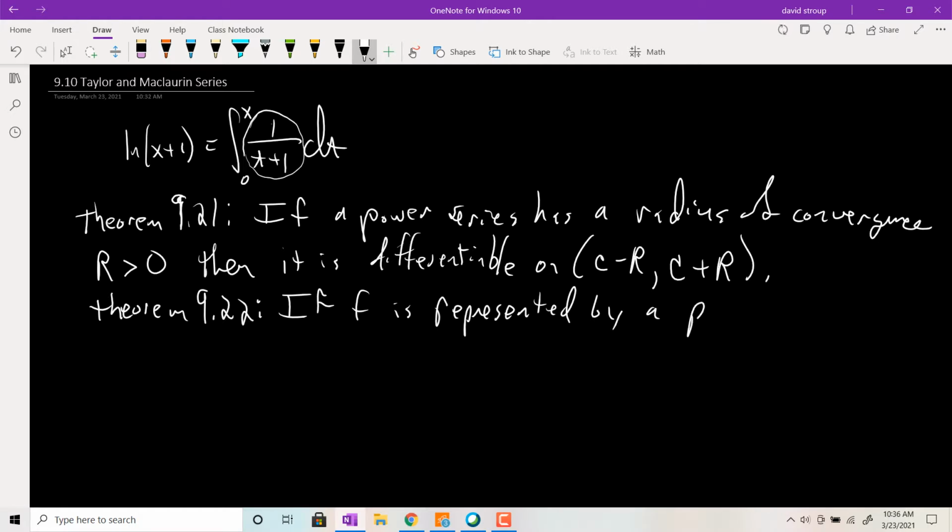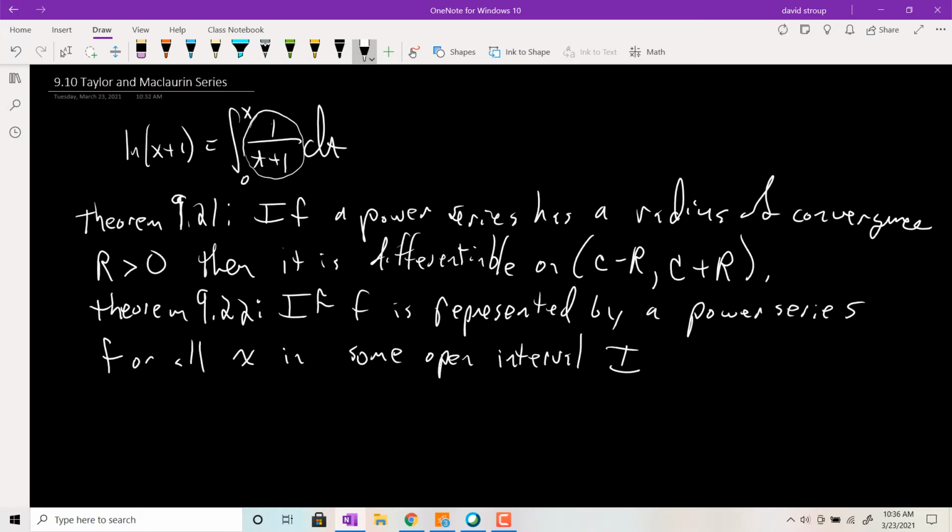by a power series for all x in some open interval I, so if there exists some power series representation, it is formed in the same way that we formed the Maclaurin and Taylor polynomials back in 9.7, I think.